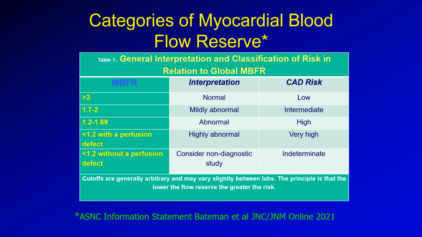You also need to look at the greater picture when a cardiologist or physician is interpreting these, because patients that have advanced age may have a slightly decreased blood flow reserve, but don't really have a coronary artery disease risk. And that might be like 1.8 or 1.9 blood flow reserve.